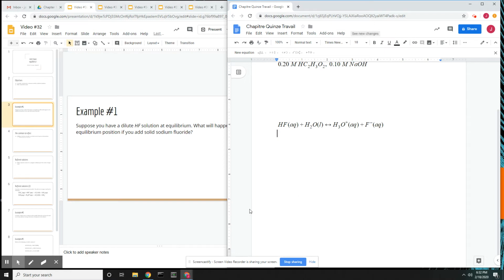I'm effectively adding a product. So adding solid NaF will shift the equilibrium to the left as I'm adding a product. Therefore, the pH will increase, meaning getting closer to 7.